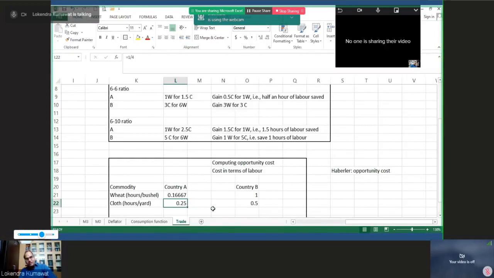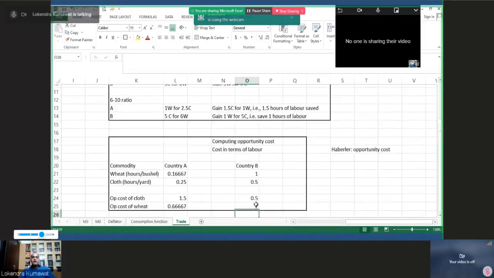On the other hand, in country B, in 1 hour they can produce only 2 yards of cloth, and therefore in order to produce 1 yard of cloth, they need 0.5 units of labor. Now we can calculate the opportunity cost.